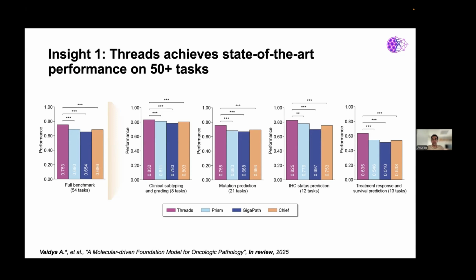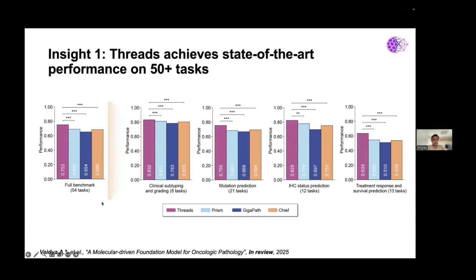GigaPath is a unimodal approach in which they only use the whole slide image to encode the slide itself. And finally, Chief is similar to Threads in the sense that they both use an ABMIL model as their slide encoder architecture, but rather than transcriptome, Chief uses language. So it's similar to Prism in that sense.